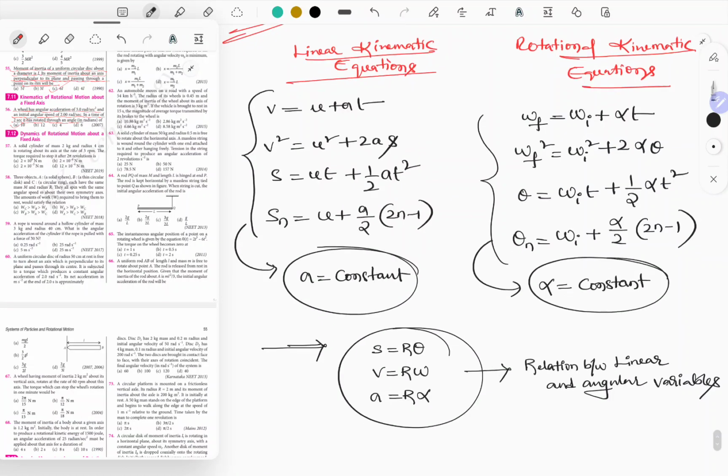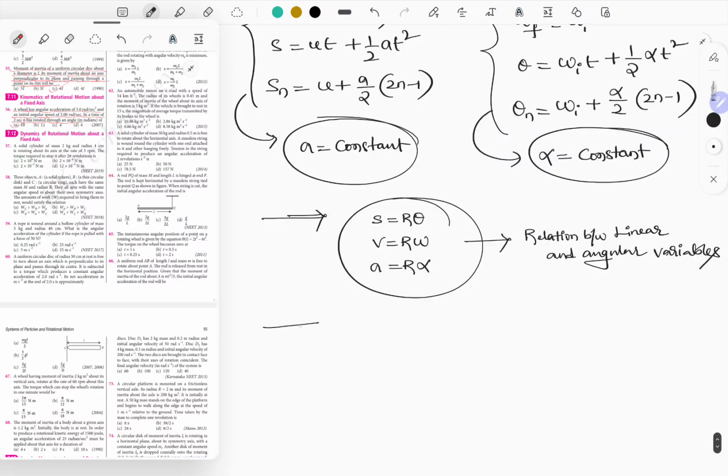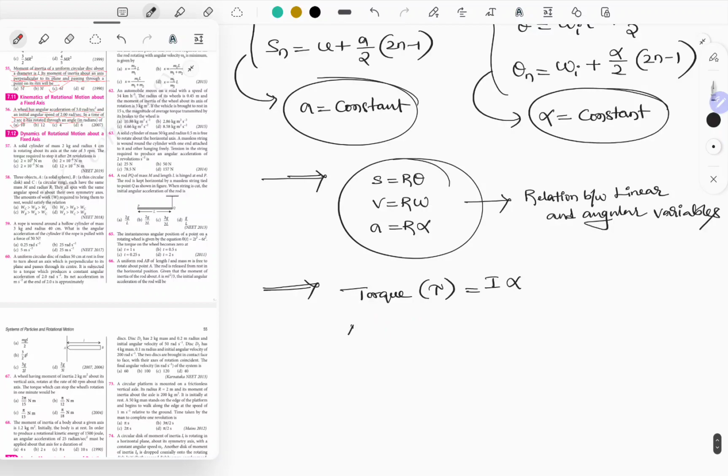I would like to give some more formulas based on torque. The formula for torque in terms of moment of inertia is I into alpha. And one more formula, angular momentum, which is L equal to I omega.